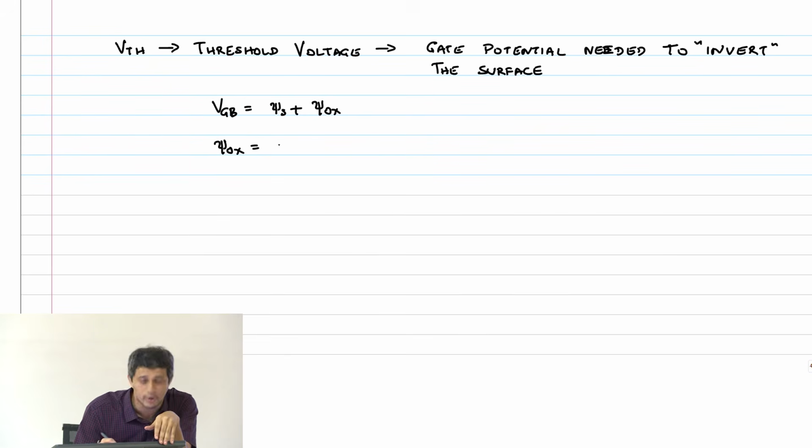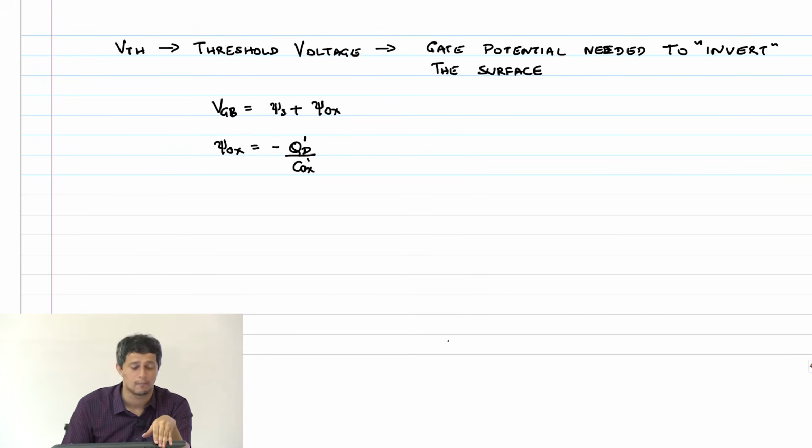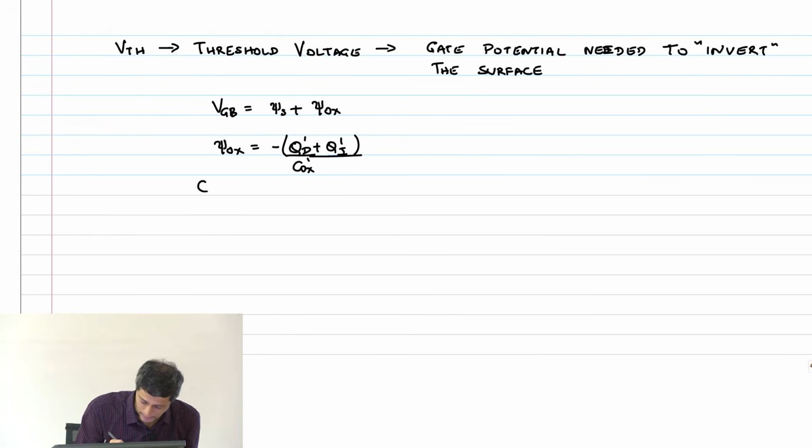Because the charge at the surface is negative, I am going to write it as minus QD prime by C ox prime. I will tell you why I am calling this prime. It is a net charge. Of course this is not true because I also have some inversion charge. QD refers to the depletion charge. I also have some inversion charge, so it is only fair to write that this is QI prime by C ox prime. Now what is the capacitance of the oxide?